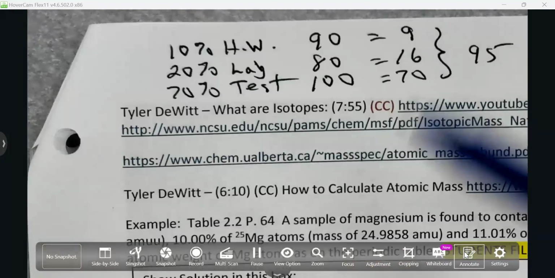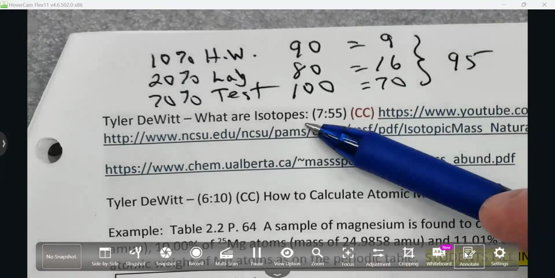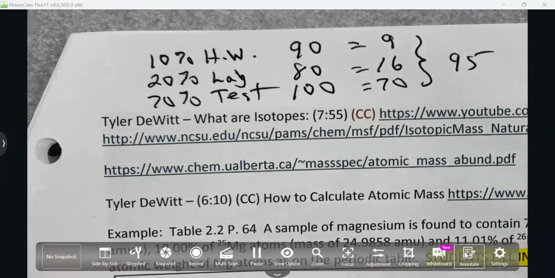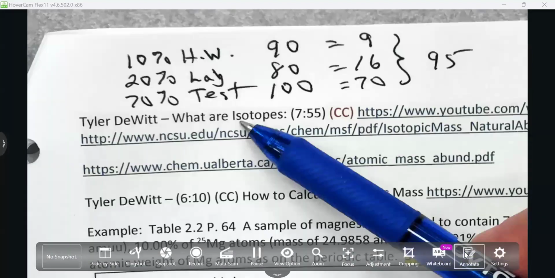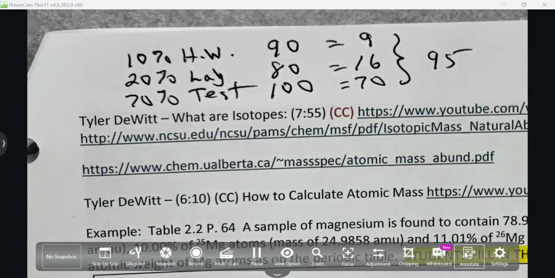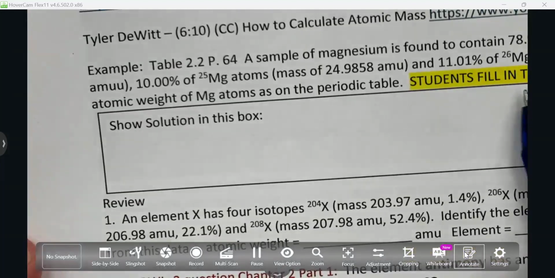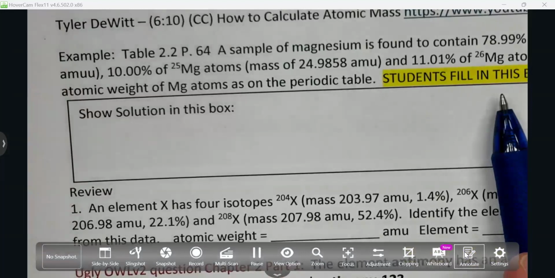But it's not any of those 3. It's a weighted average. And your final grade is like that. It's got OWL in the quizzes and the tests in it, everything. Not lab. Okay.